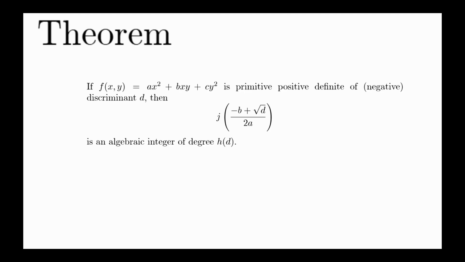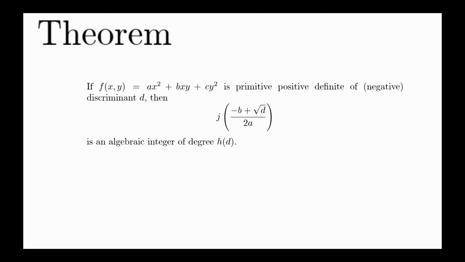And there is a very nice surprising theorem connecting binary quadratic forms and the j function. If f of x and y equals ax squared plus bxy plus cy squared is primitive positive definite with discriminant d, which is necessarily negative because it's positive definite, then j of minus b plus the square root of d over 2a is an algebraic integer of degree h of d.